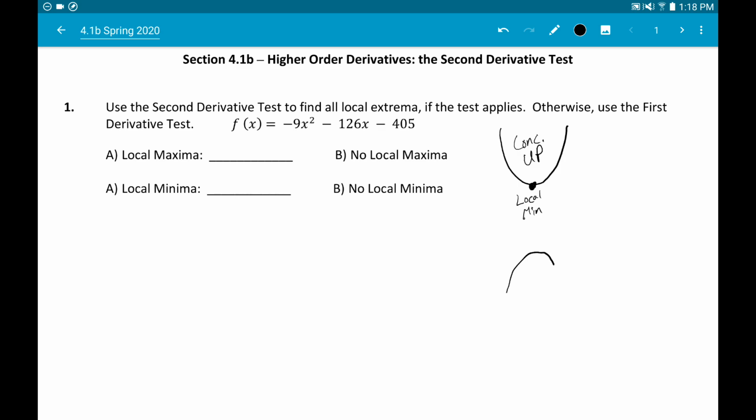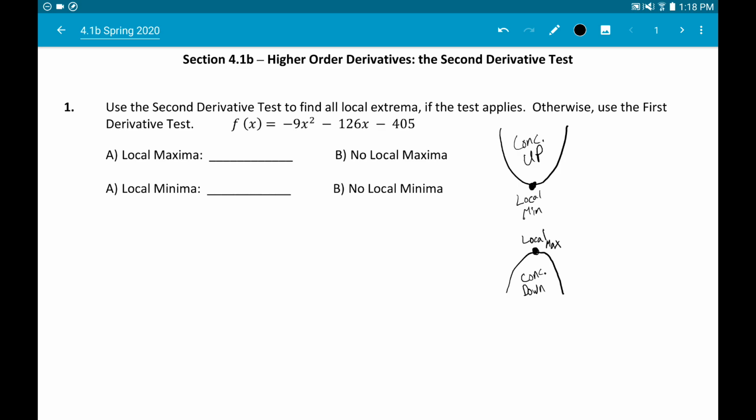Something's concave down, well, that's upside down. If that's the case, then you got a high point, which is a local max. So based on whether we have concave up or down, which we learned in 4.1a, we can tell if we have a min or max just based on that.